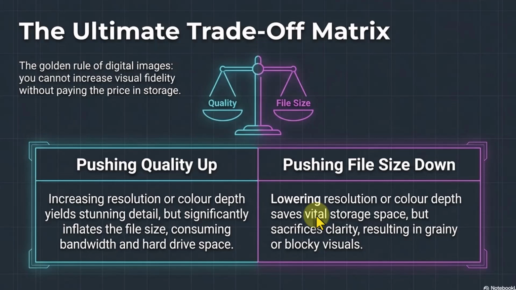If you want to decrease the file size by lowering resolution or color depth, that will save you storage space, but it sacrifices clarity and might result in grainy or blocky visuals. So higher quality, higher amount of space; lower quality, lower amount of space.